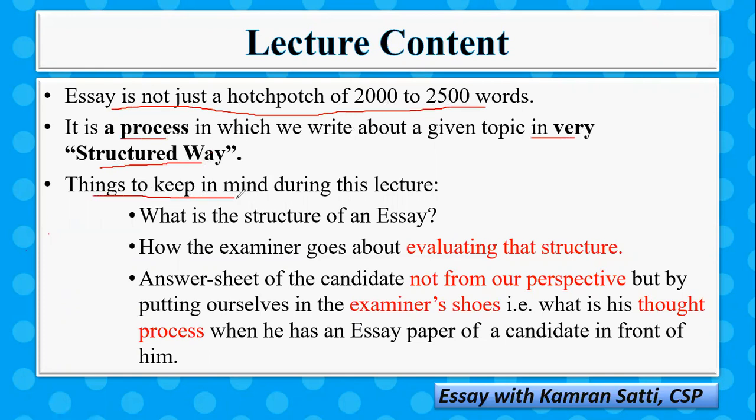You need to know the structure of an essay. If this is one of your first videos, you don't have to worry, because the structure of an essay is simply intro plus body plus conclusion, and of course before the introductory paragraph we write the outline. So this is the basic structure of the essay.